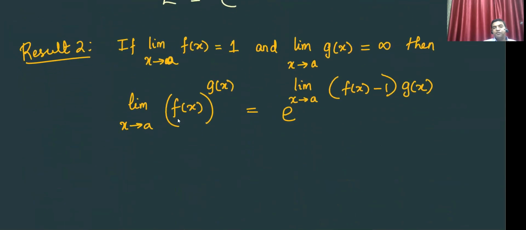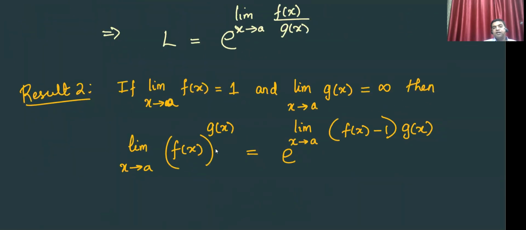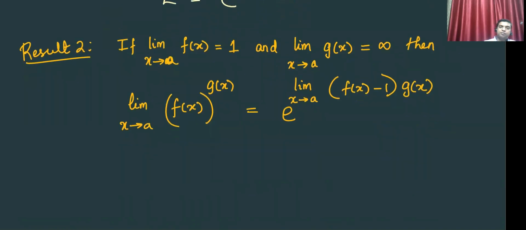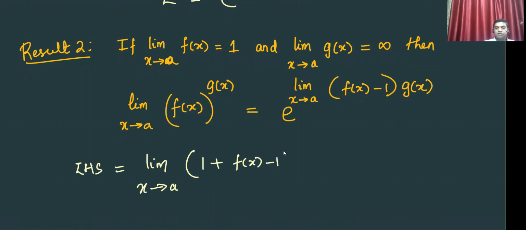So same here. Now f of x is tending to 1. So we have to make it 0. So basically this one you can prove just like this. This is left hand side, limit x tends to a, 1 plus f of x minus 1 to the power g of x.